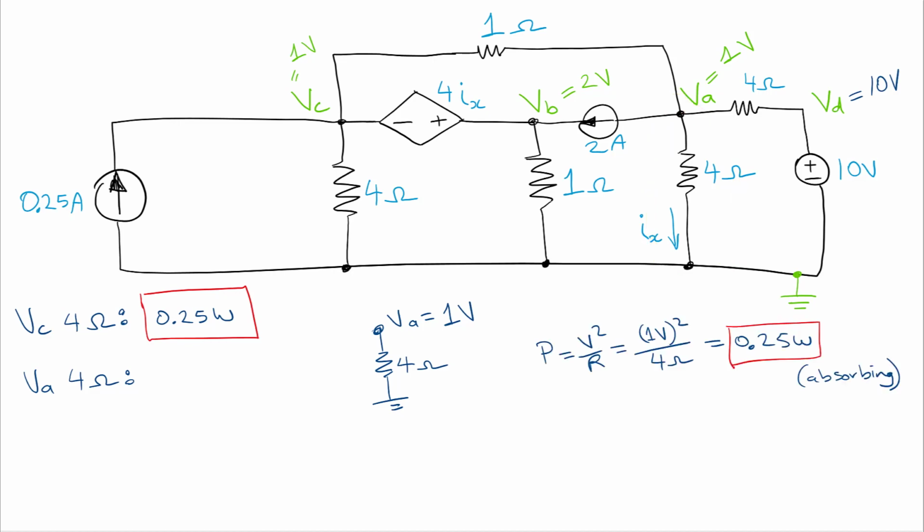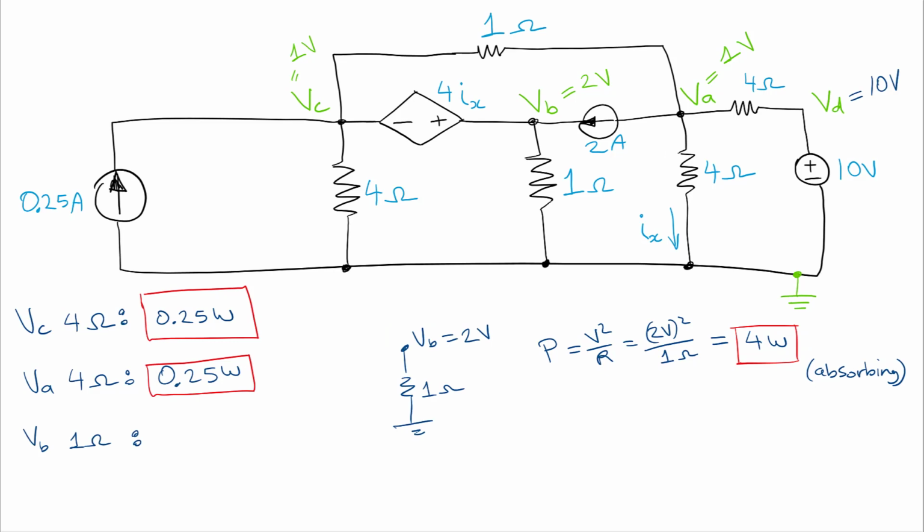And we have, again, V squared over R, and we know that there's 1 volt across that resistor. So it's plus, minus on this side, and that's 1 volt. Okay. And we have 0.25 watts again, like with the previous resistor, and we know that it's absorbing.